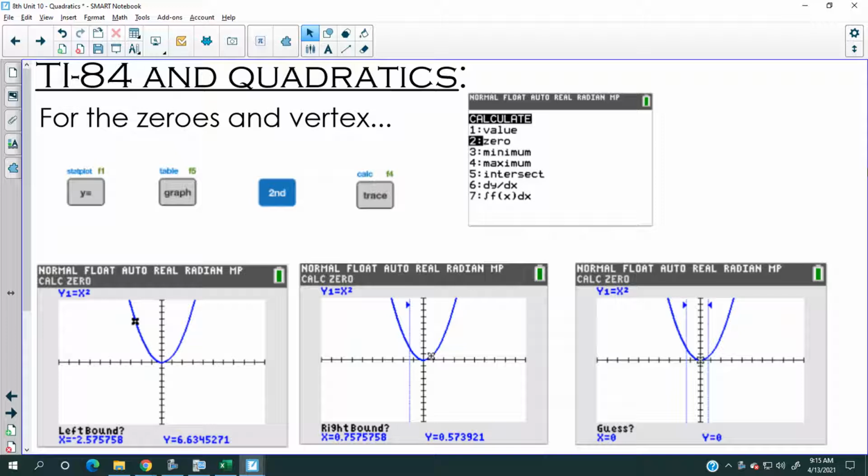When we graph this, a lot of the things seem very familiar. But here's the thing, there are these concepts, like zeros, vertex, axis of symmetry, minima, maxima, just to name five right off the bat. The calculator can actually help you find those, and so that's the trick for today.